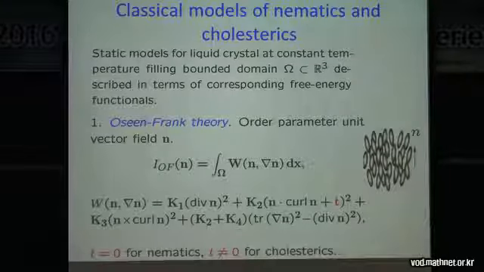There are 4 elastic constants, 5 if you have a cholesteric, and they usually satisfy some inequalities to make this a positive quantity. The last term here is a null Lagrangian, so it doesn't contribute to the Euler-Lagrange equations, only to surface terms.